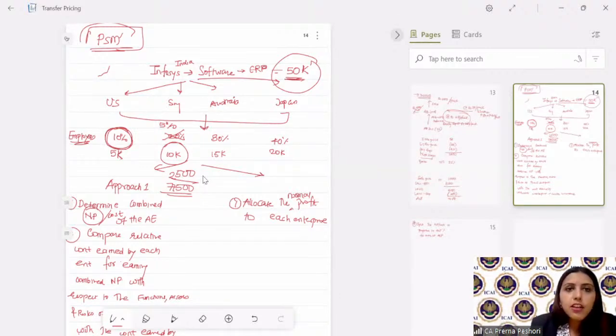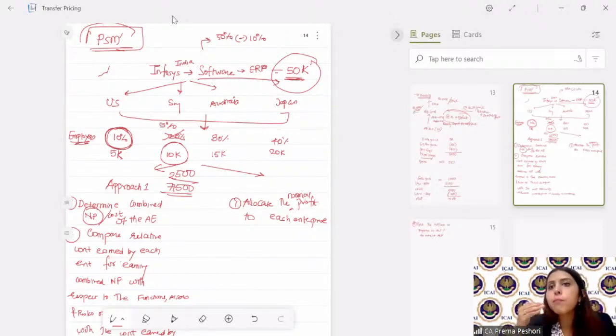And then, say for example, Infosys has earned a 50% margin, out of which ideally the comparable software companies earn 10%. So first I'll allocate this normal 10%, because this is the normal margin.